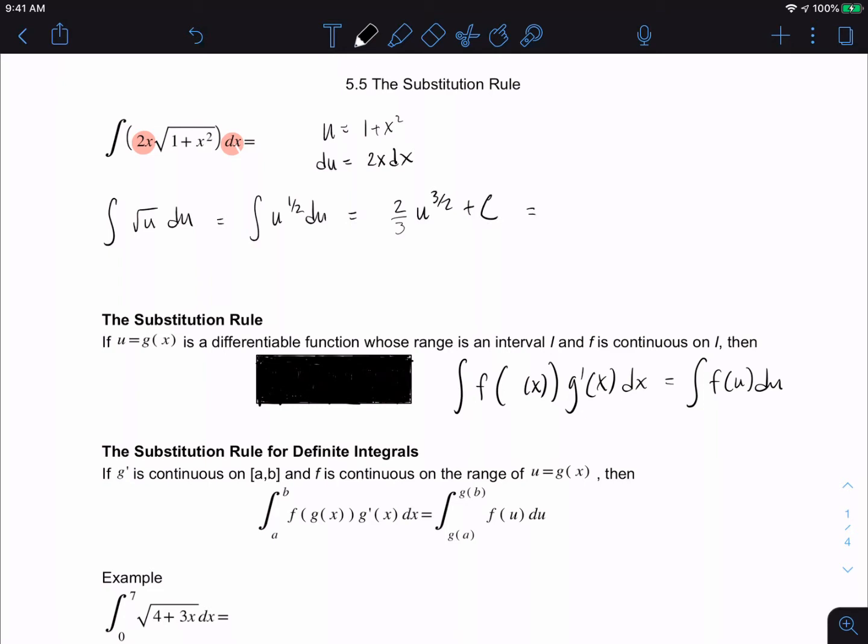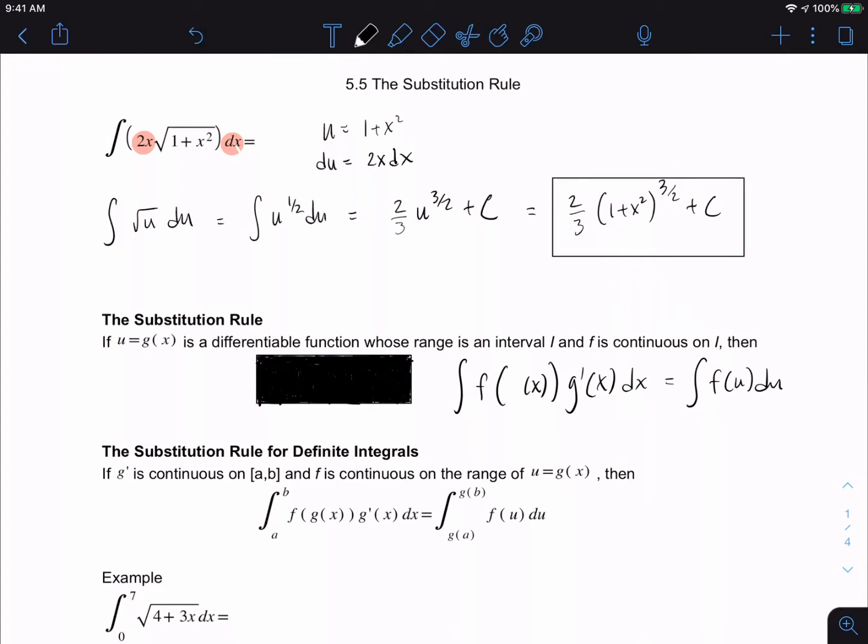But we need this to be in terms of x, so I need that u to become back in terms of x. So I'm going to get 2/3 (1 plus x squared) to the 3/2 power plus c. This is our answer in terms of x.